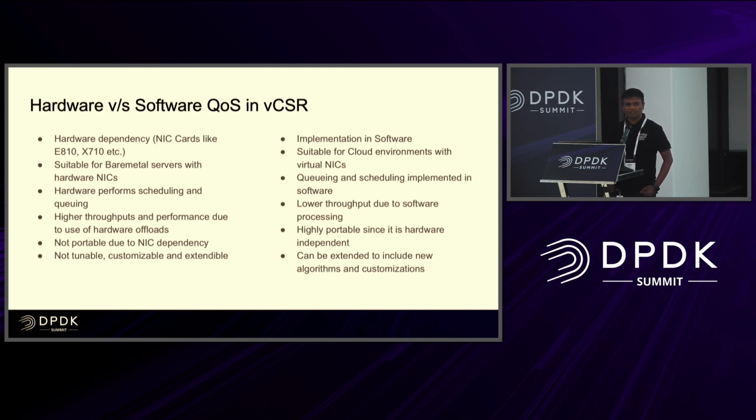And it can be tuned and customized if there are any optimizations that need to be done, because it's just software. But the disadvantage is that it has lower throughput compared to hardware, because software does the processing, and sometimes entire CPU cores need to be assigned for this functionality.